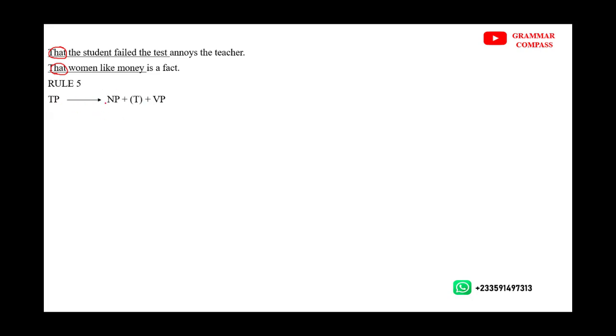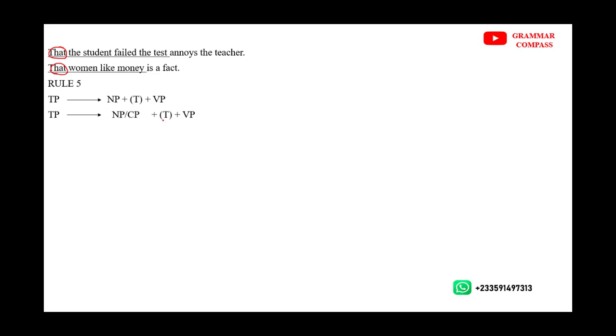If we revise this rule to include complementizer phrases that can occupy the noun phrase position, we are going to get this. A TP, that is a tense phrase, will consist of either a noun phrase or a complementizer phrase plus an optional T and then a VP.